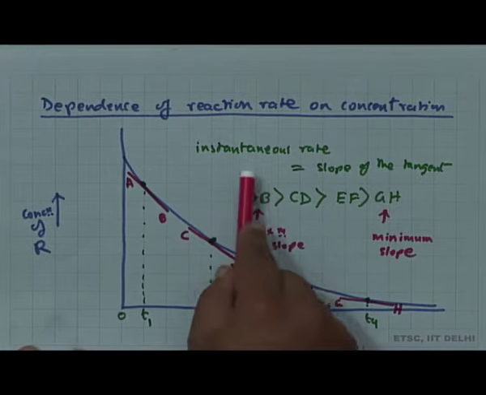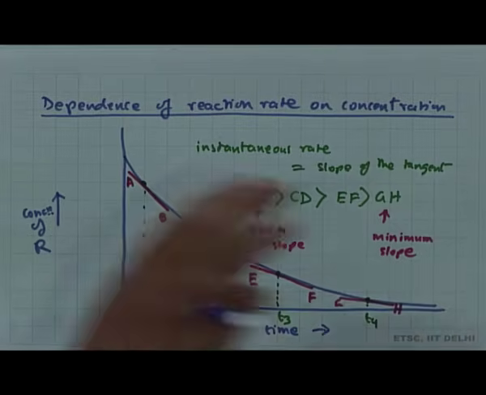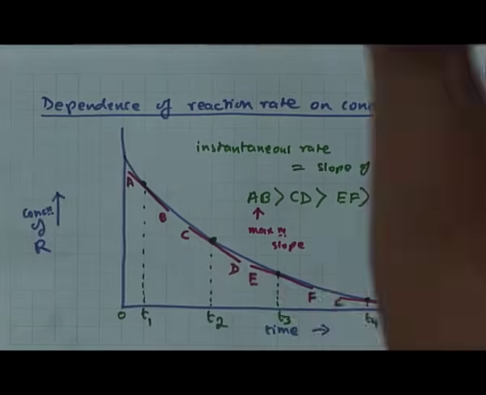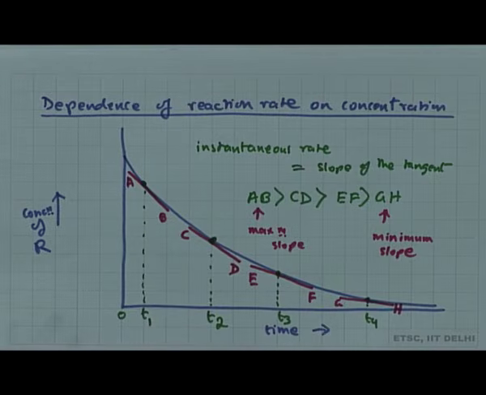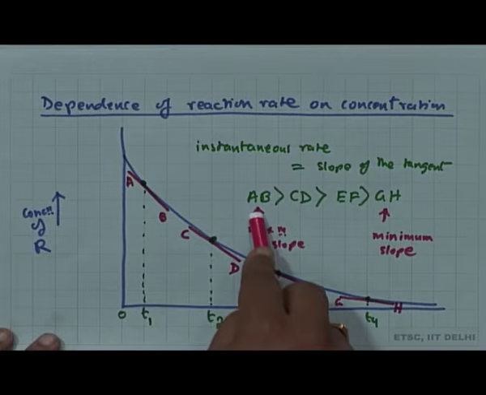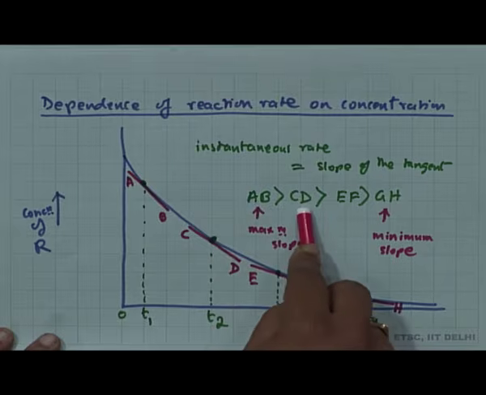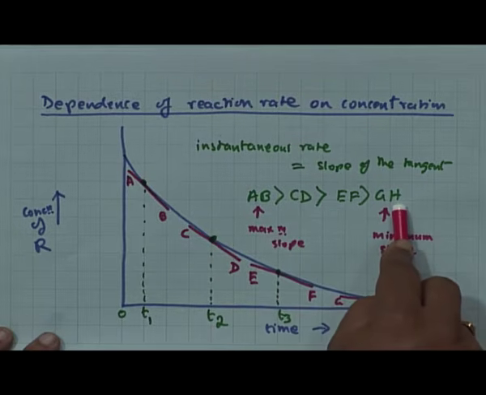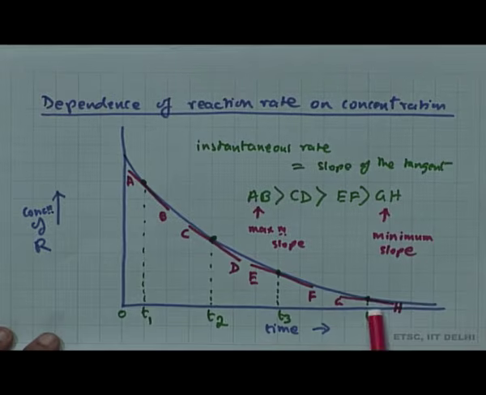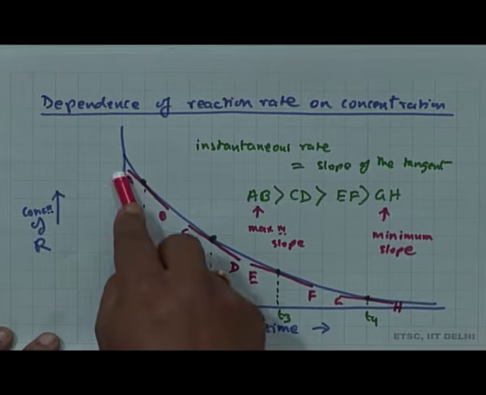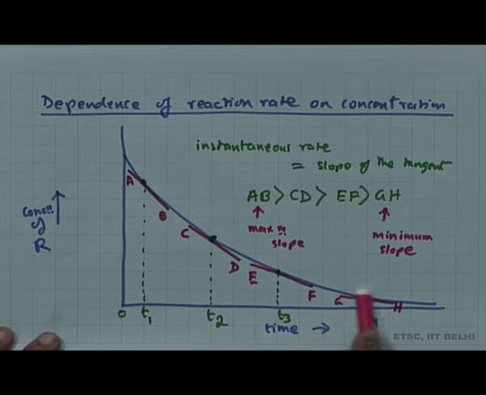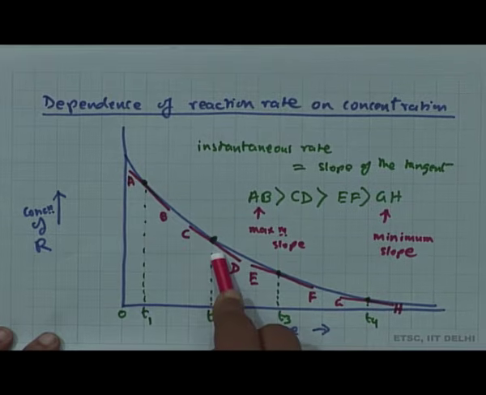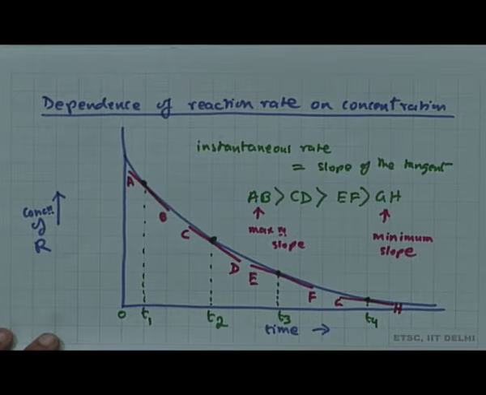So, if the instantaneous rate is equal to the slope of the tangent with a negative sign, negative referring to the loss of reactant, then AB has the maximum slope, followed by CD, followed by EF, followed by GH, which has the minimum slope.